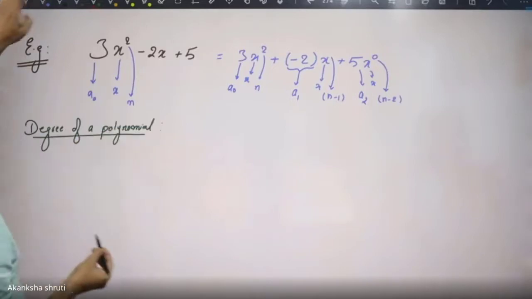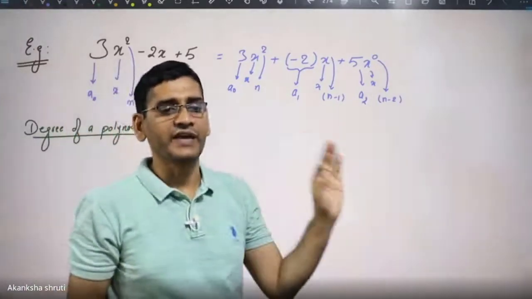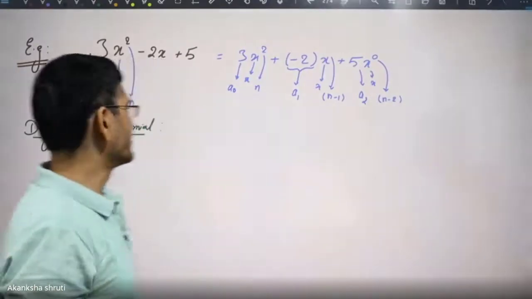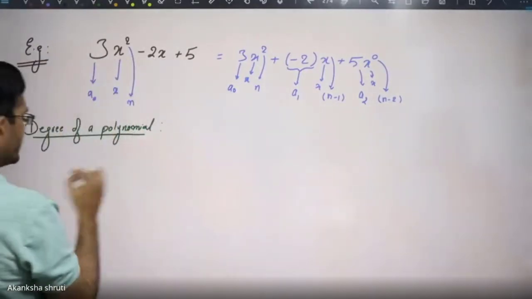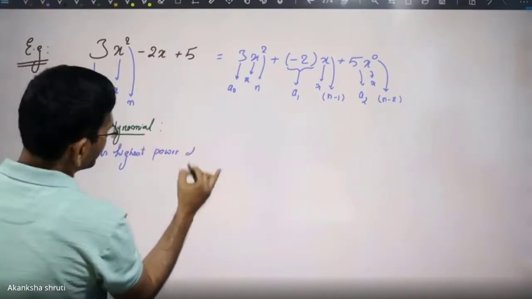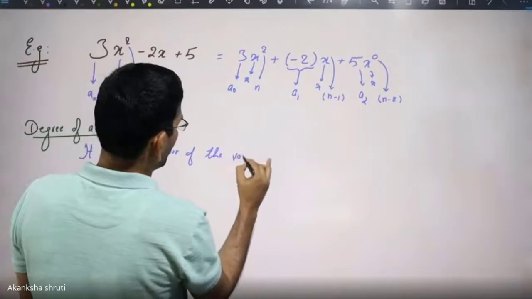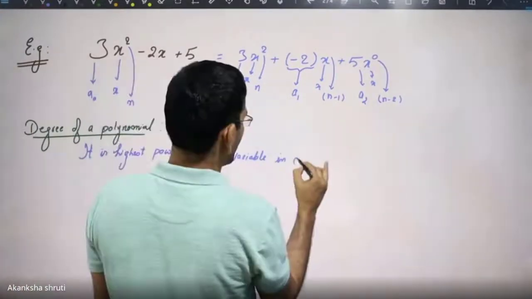The degree of a polynomial is nothing but the highest power of the variable in a polynomial.